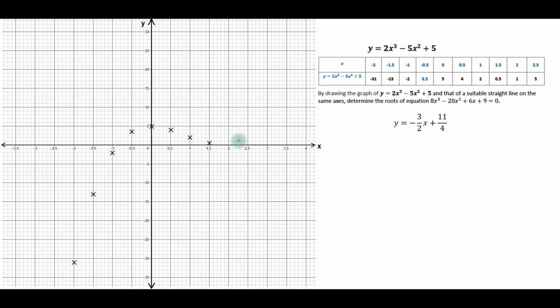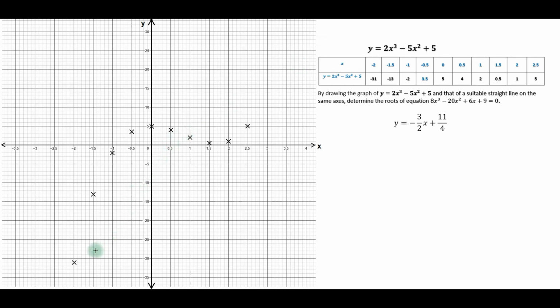Then when x is 2, y is 1. So that's the point. When x is 2.5, y is 5. That's the point. And then we are going to draw a smooth curve along here. So let us draw that smooth curve.